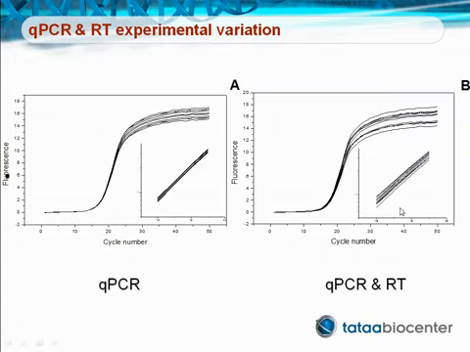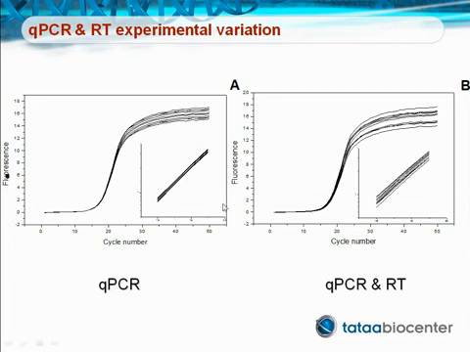At each step of the analytical process, a sample can be divided into aliquots that are analyzed in parallel separate reactions. Comparison of the aliquots' Cq values reflects the reproducibility of the downstream reactions. In the left panel, a sample was split into aliquots for qPCR and in the right panel a sample was split into aliquots for RT.